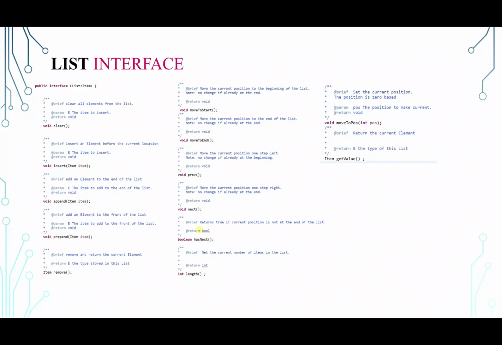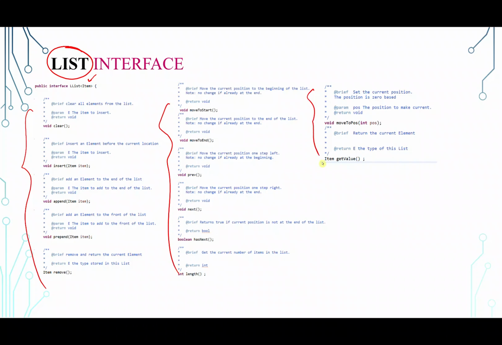So here is the list interface we are going to use. We are going to call it, for example, LL list of item, and that item could be any type. It could be integer, student, or anything you want. Any class that implements this interface is going to provide implementation for all those functions, right?